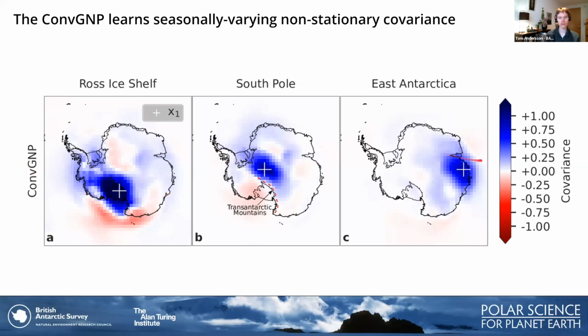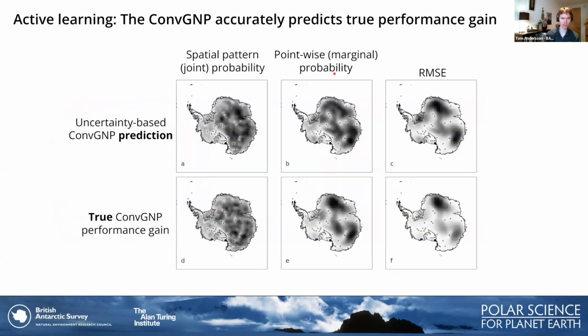And you can see the covariance visualized by these heat maps here by plotting point 1 as a white plus, and then plotting the strength of the covariance on a regular grid with that white plus. And you can see, for example, interesting stuff like decorrelation over the coastline, anti-correlation even, and with the South Pole having this interesting drop off in correlation over the transantarctic mountains, which are shown by this red line here. So the model has learned this super interesting structure that we could maybe leverage to find informative locations for new measurements. And that's what we're going to do now.